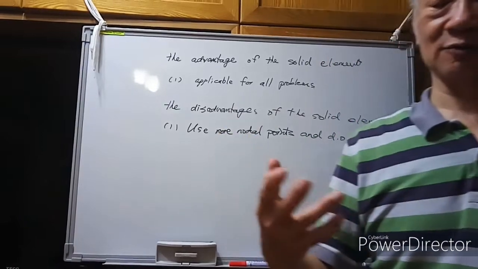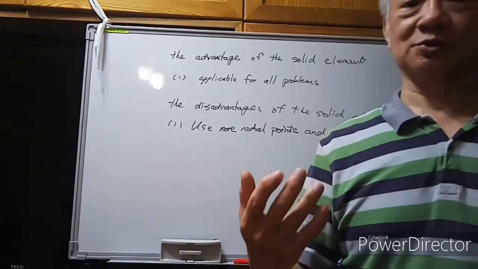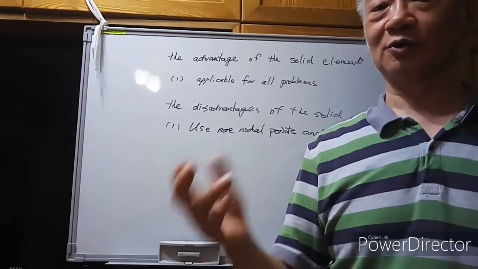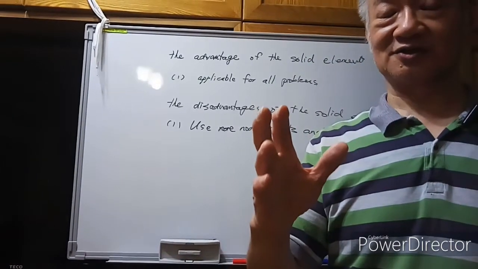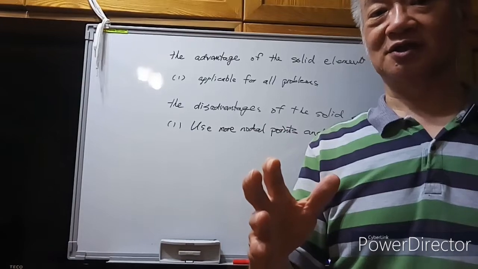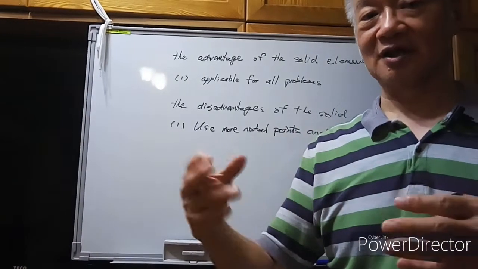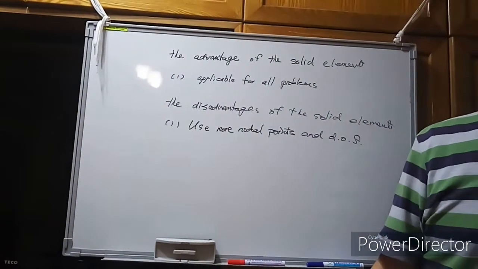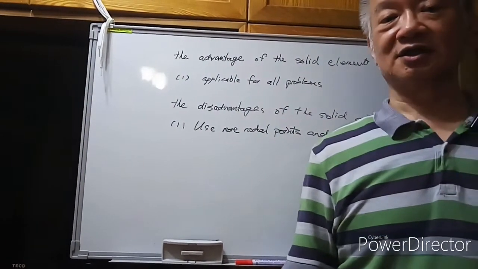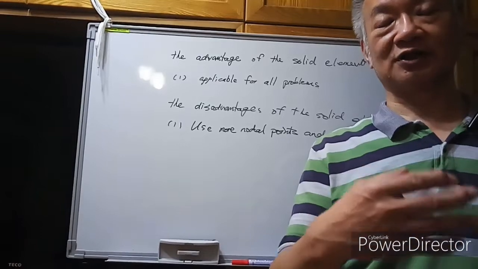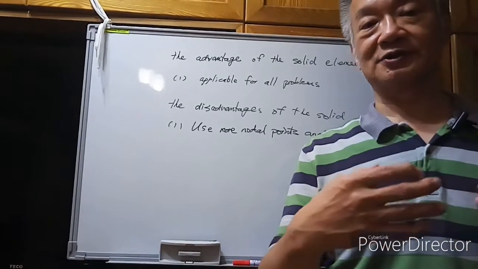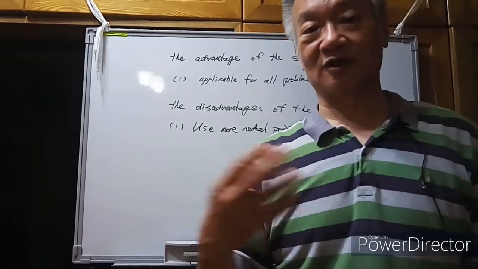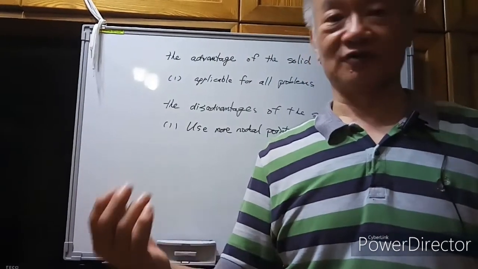For the entire problem, we need to use over millions of nodal displacements. Also, the stiffness matrix could be millions times millions, so it is a very, very large stiffness matrix. And we need to follow the Gaussian elimination method to solve the unknowns, so it takes a lot of computation time to finish this.